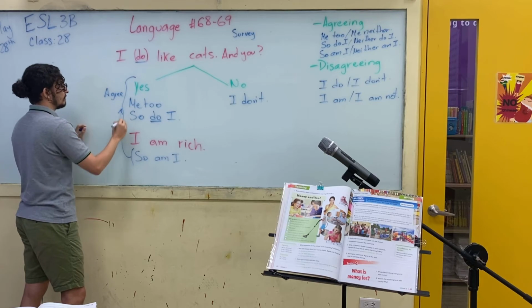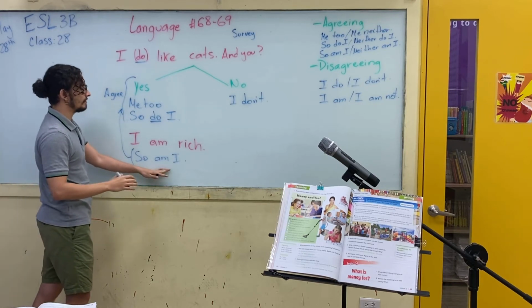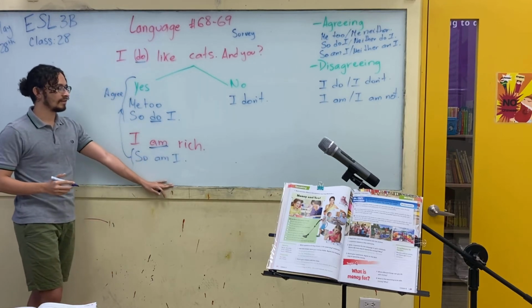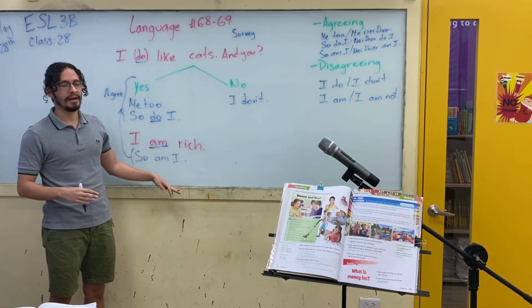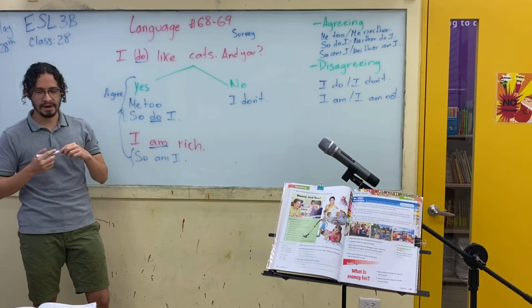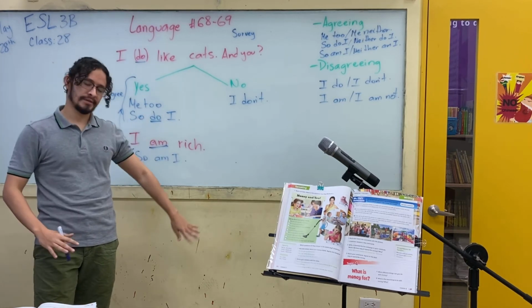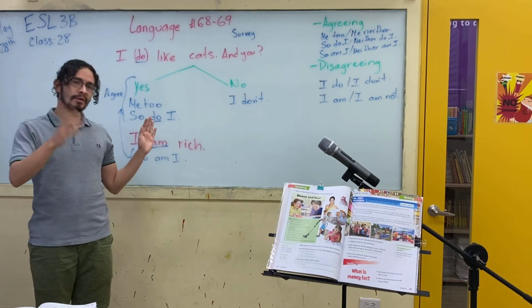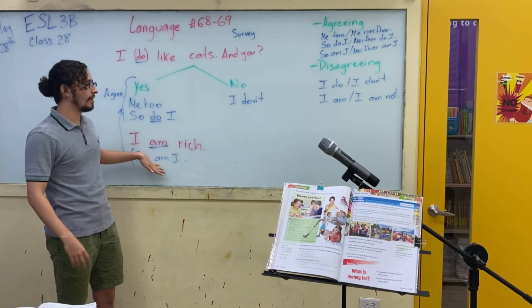So for agreeing, we can say so am I when they also use am. So I am rich, so am I. I am fast, so am I. I am short, so am I. All these I am sentences, you always answer back with so am I.